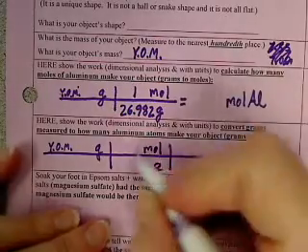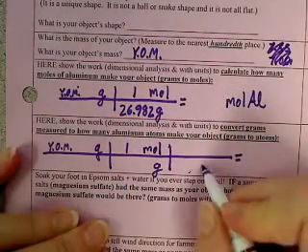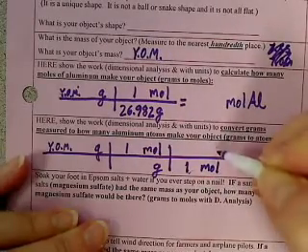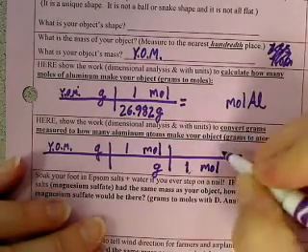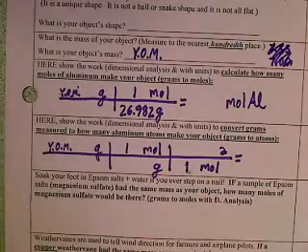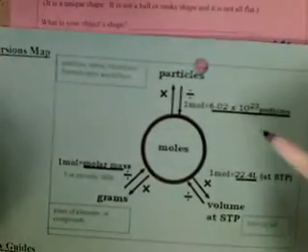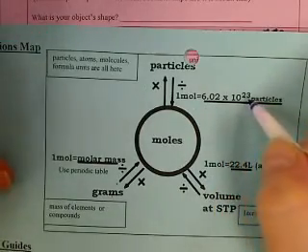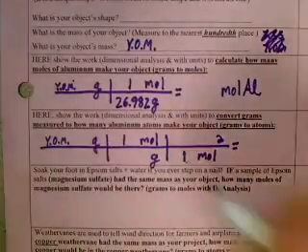What number does moles always get? 1. Take your moles and put it down here. In this unit, moles gets a 1. Up here, what are we trying to find? Atoms. Okay, let's look at the mole map and see what number atoms should get. Atoms are a particle, so they are always 6.02 times 10 to the 23rd. So let's fill that in.